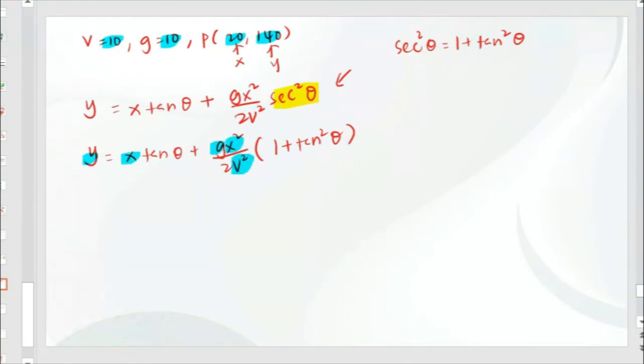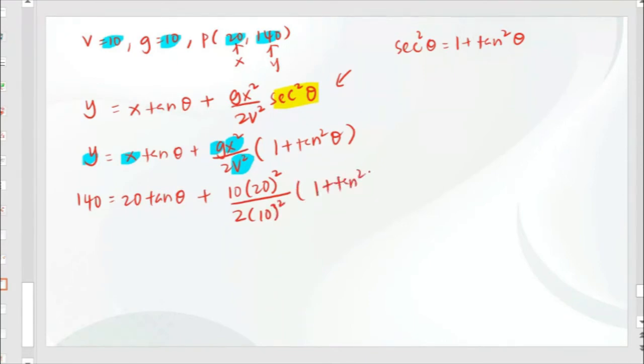Now we just substitute the values 10, 10, 20, 140 for y, x, g, v. So y is 140, x is 20, tangent theta plus g is 10, x is 20 squared over 2, v is 10 squared, 1 plus tangent squared theta.